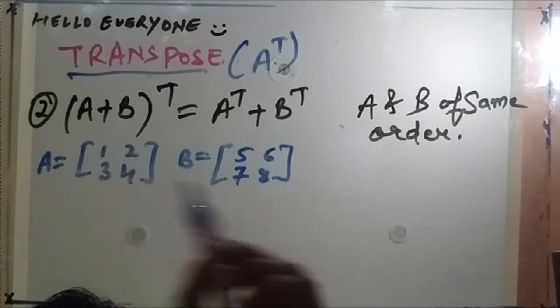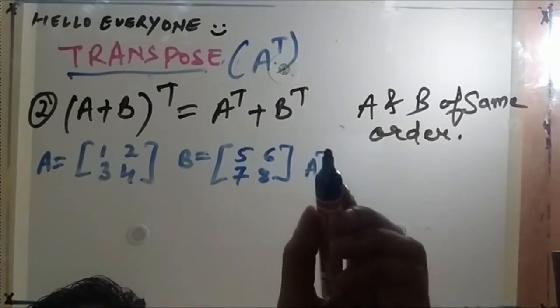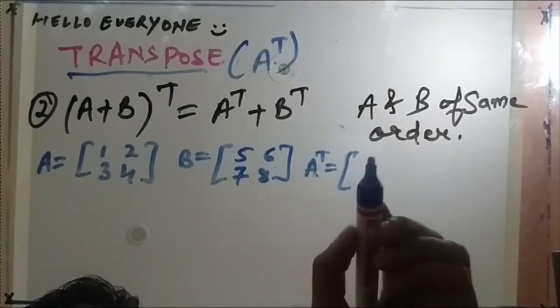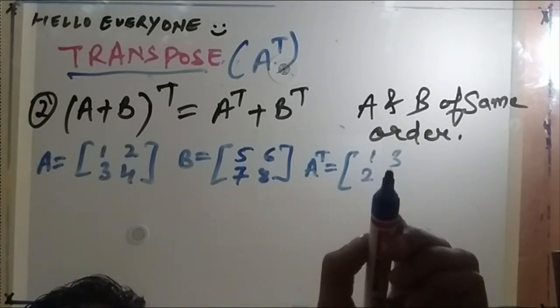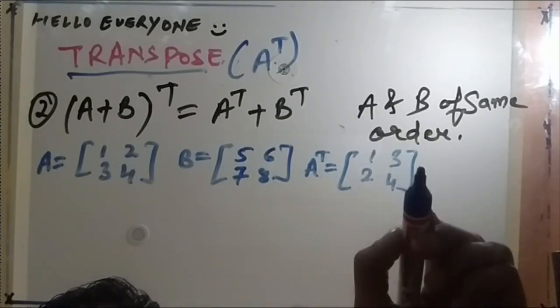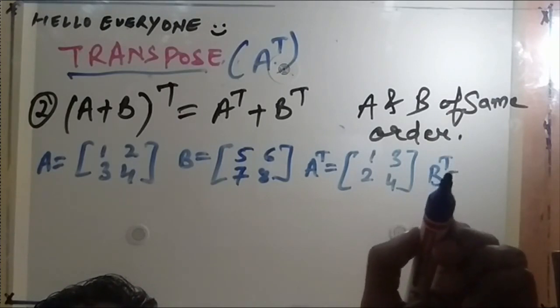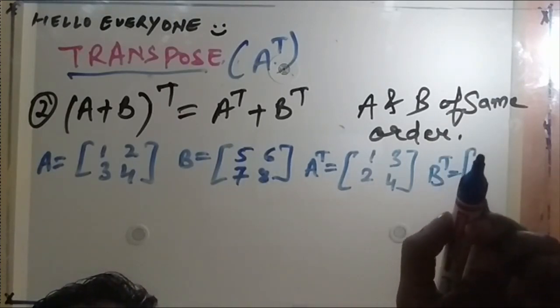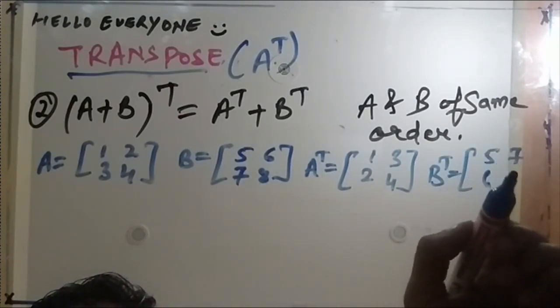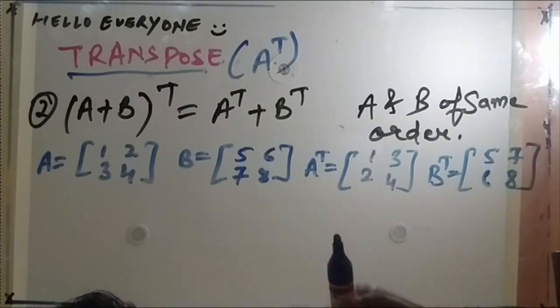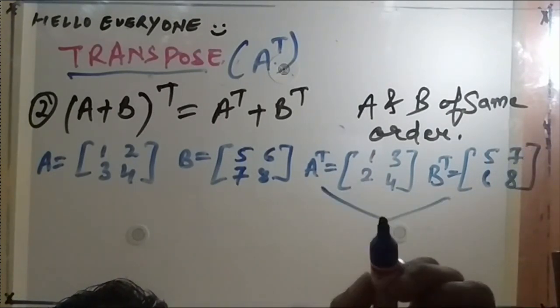Let's find the transpose of matrix A, 1, 2, 3, 4. Transpose of matrix B, 5, 6, 7, 8. Okay, let's sum these two.